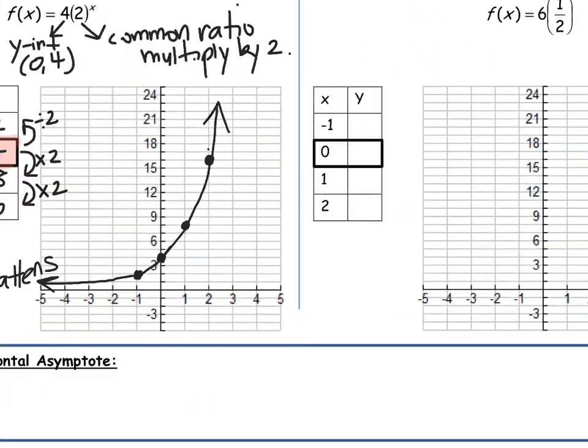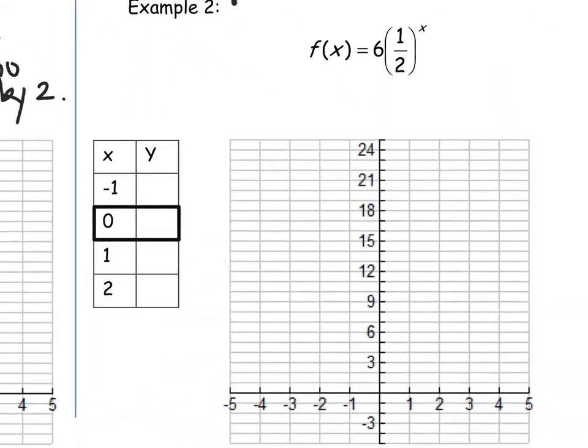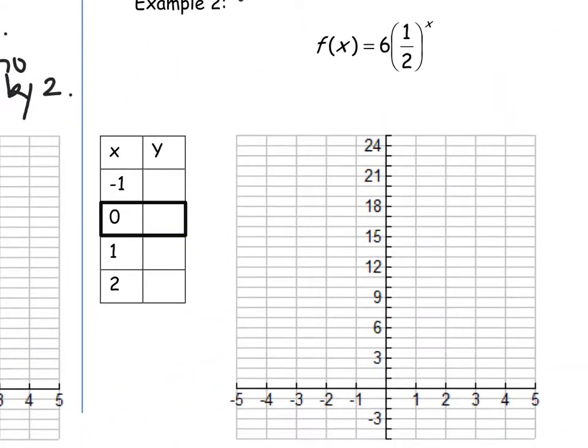The next one, we have f of x equals 6, parentheses 1/2 to the x. 6 is my y-intercept. That means 0, 6 is on my table, right there. The other part is 1/2. That's my common ratio.